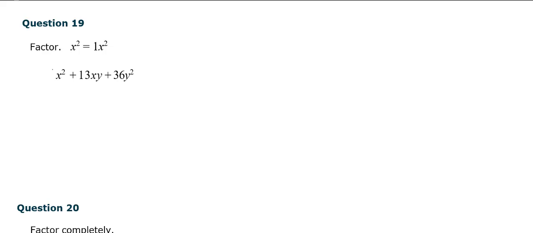So remember, my leading coefficient is 1, so I'm multiplying 1 times positive 36. And I'm looking for the factors of positive 36 that add to a positive 13. So 1 and 36, 2 and 18, 3 and 12, 4 and 9, and 6 and 6.